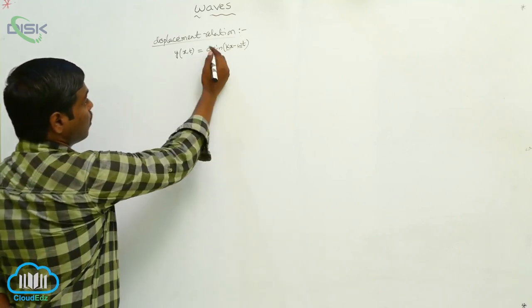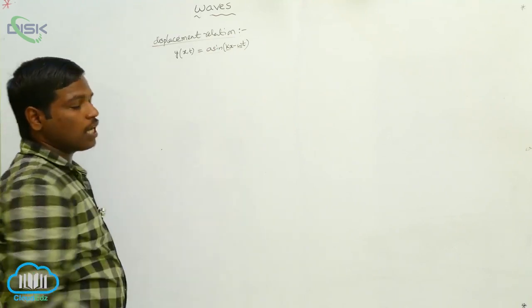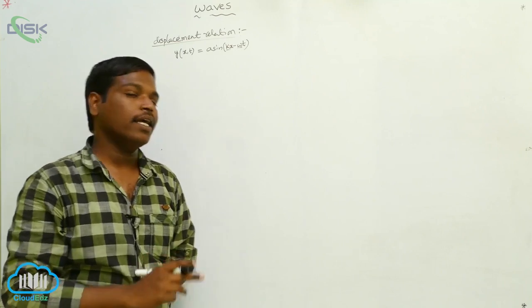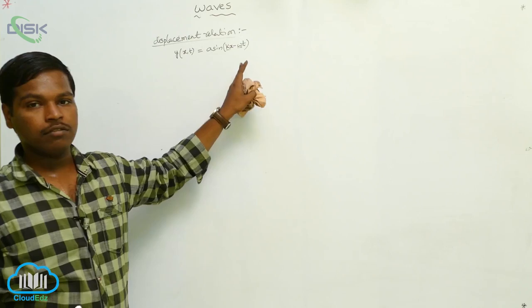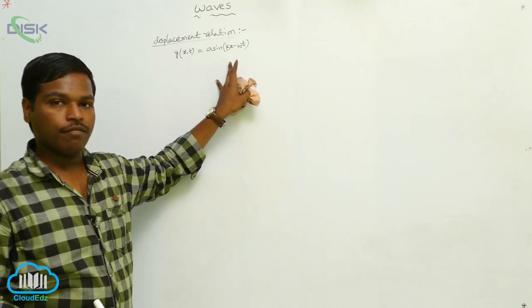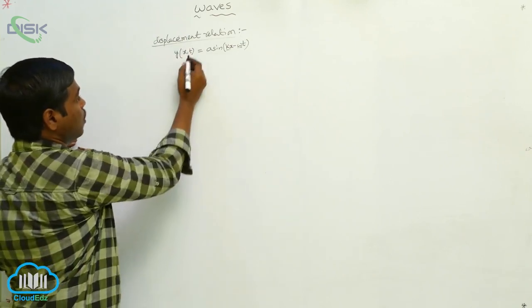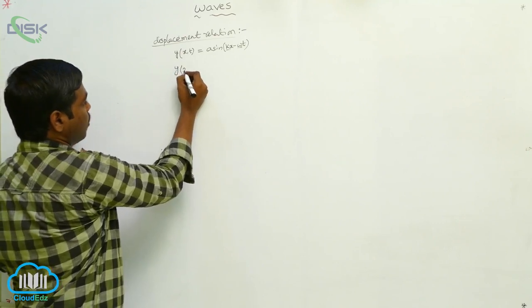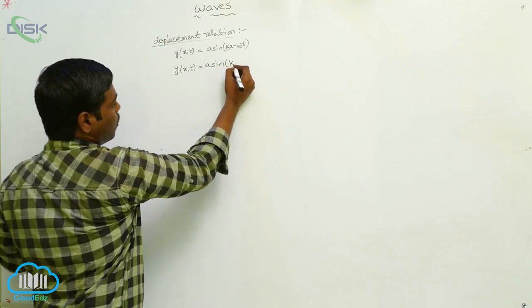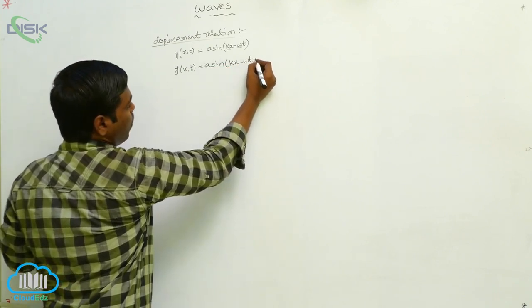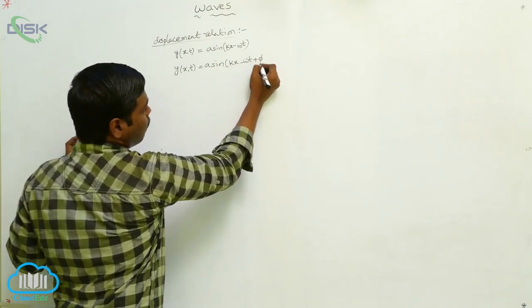This wave traveling in the medium is periodic. Longitudinal waves and transverse waves are periodic waves. That's why, for the displacement relation, I take y of x comma t is equal to a sin(kx minus omega t plus phi).